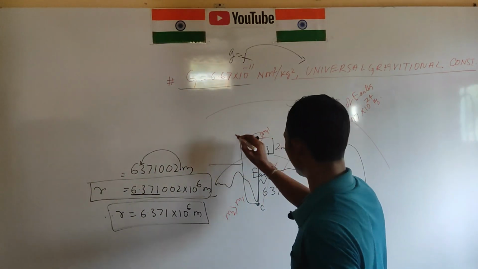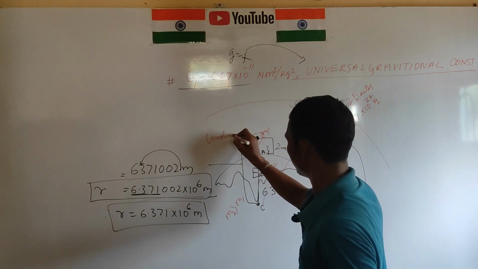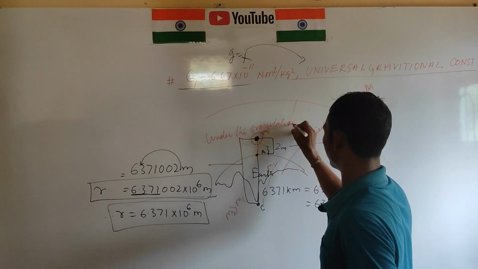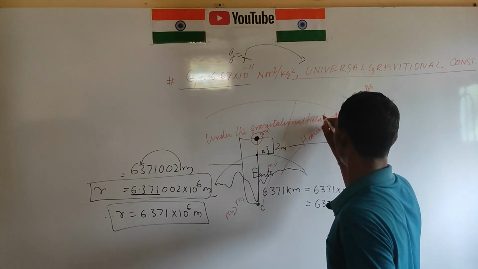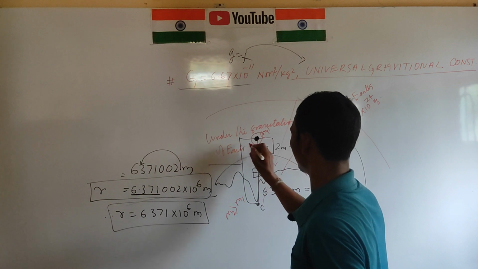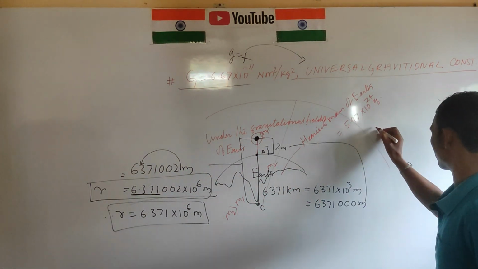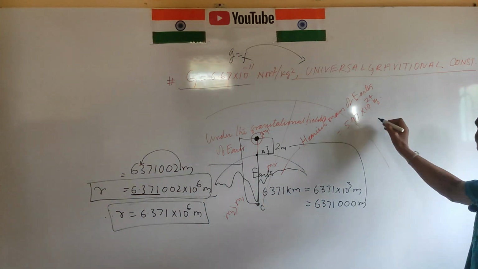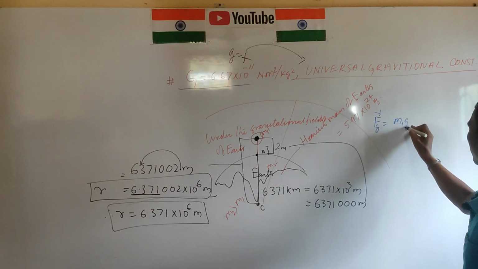This body is under the gravitation of Earth, under the gravitational field of Earth. So how much is the gravitational force? Like this one, F_G equal to m1 g, equation 1.